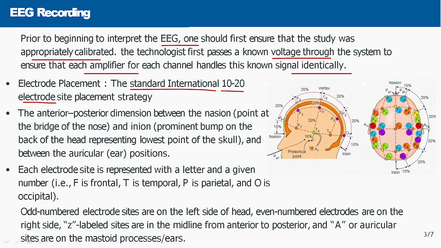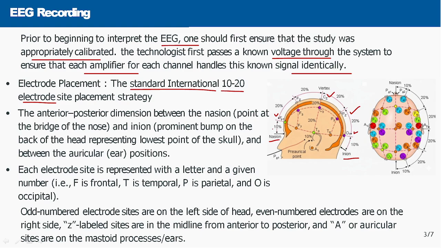If this is your nasion and this is the inion, the whole distance from nasion to inion is first divided. If this is your frontal lobe, F means frontal, then this is your central, then your parietal, then O is your occipital.